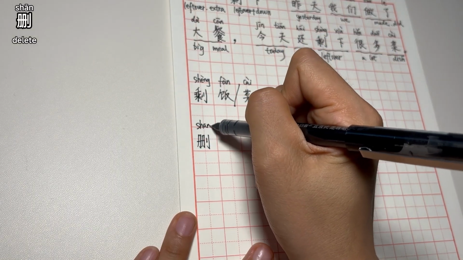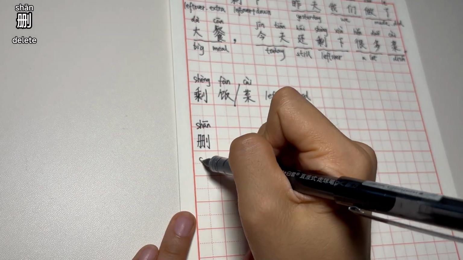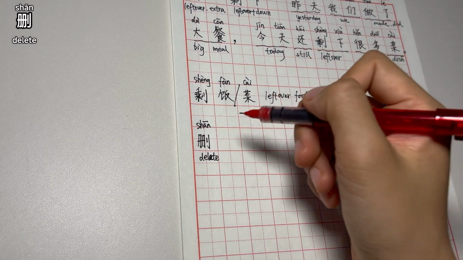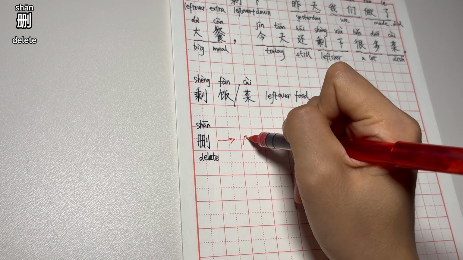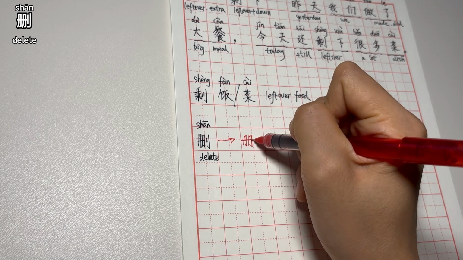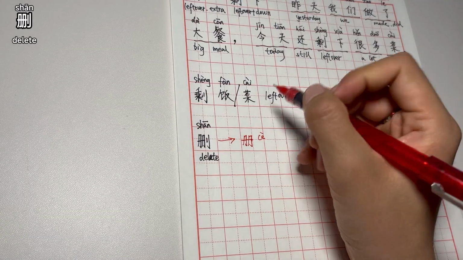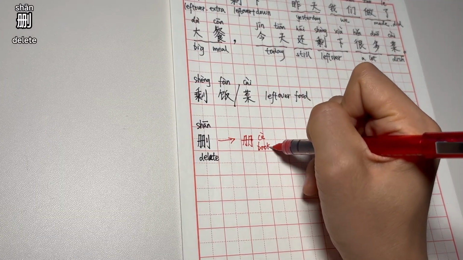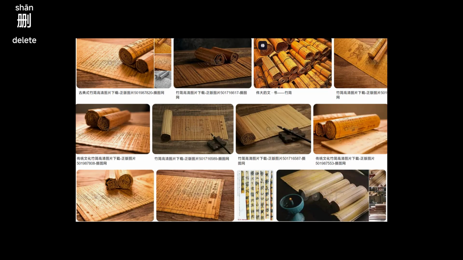shan. Shan is to delete. So let's talk a little bit about the shan character on the left side. This one is 册, and 册 could be books. In the ancient time the books were made of bamboo and they're strapped together with strings. See the similarity, right?